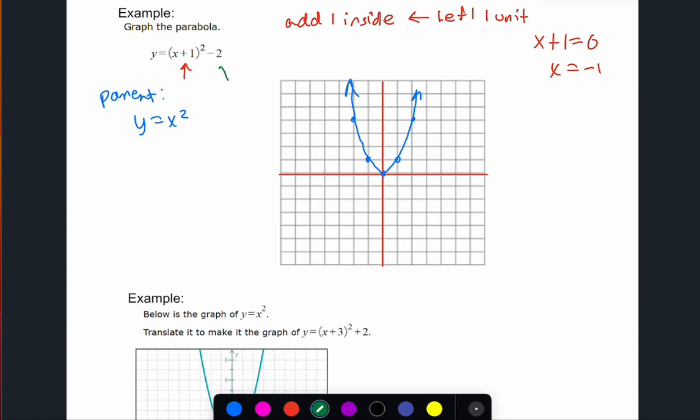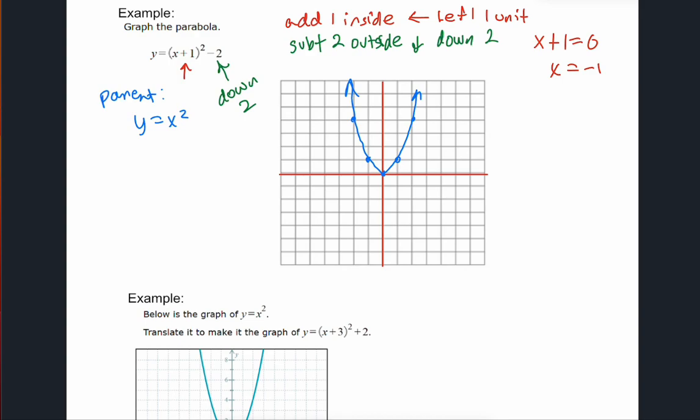The subtraction of 2 on the outside here is going to move it down 2 units. So all we're going to do is go into our graph, and take all of those nice points that we know the parent function hits, and move them to the left 1 and down 2.